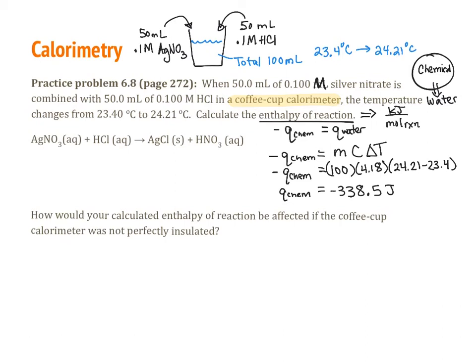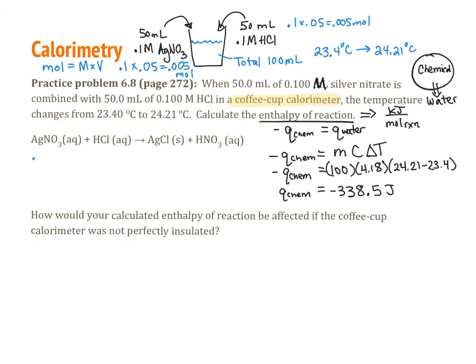I remember that if I know molarity and volume, I can multiply them together to get moles, but I need to use volume in liters because molarity is defined in terms of liters. So that means I have 0.1 times 0.05, which is 0.005 moles of AgNO3. And I also have 0.1 times 0.05, which is 0.005 moles of HCl.